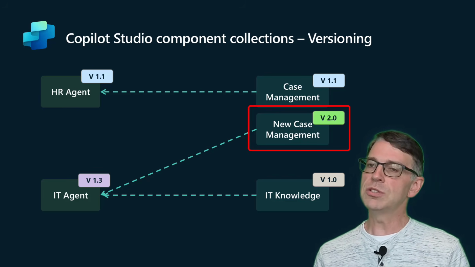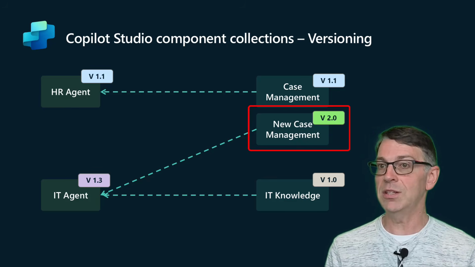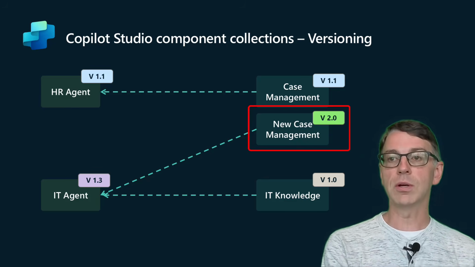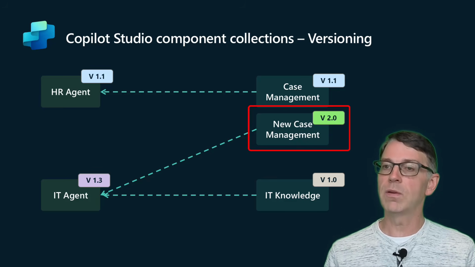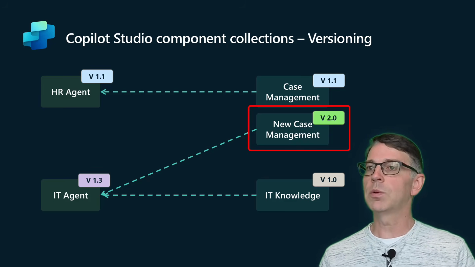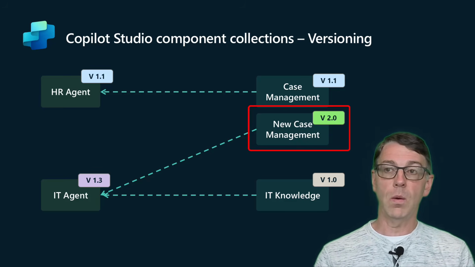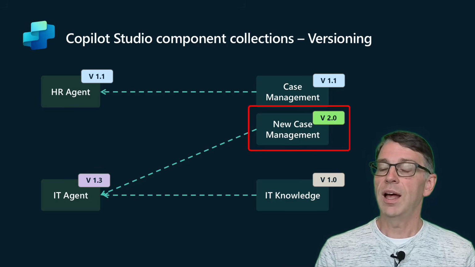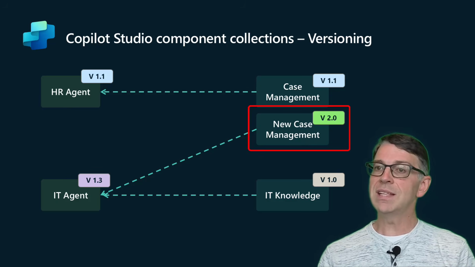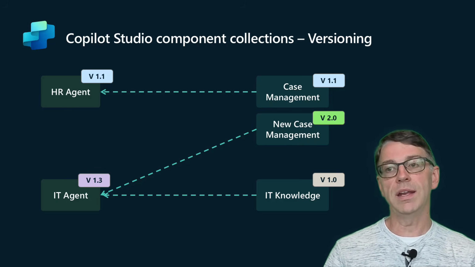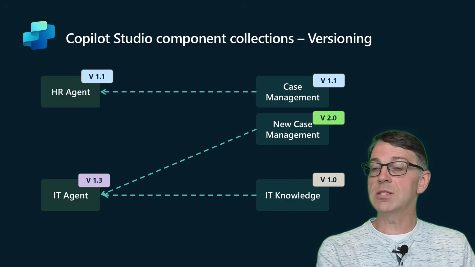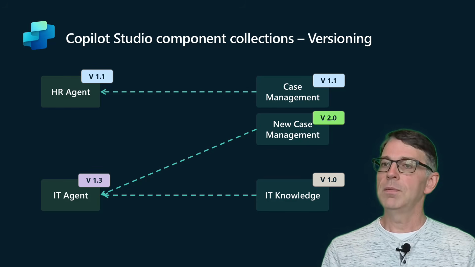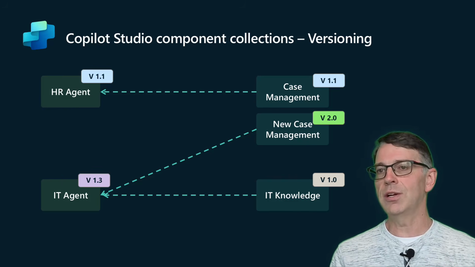So what you could do as the maker of case management, you could make a new component collection that is completely standalone for case management that you would refer to as the new version or the V2 version of that. And then you could maintain the V1.1 because maybe that's still the HR case management system for now. Imagine all these different scenarios that can happen here.